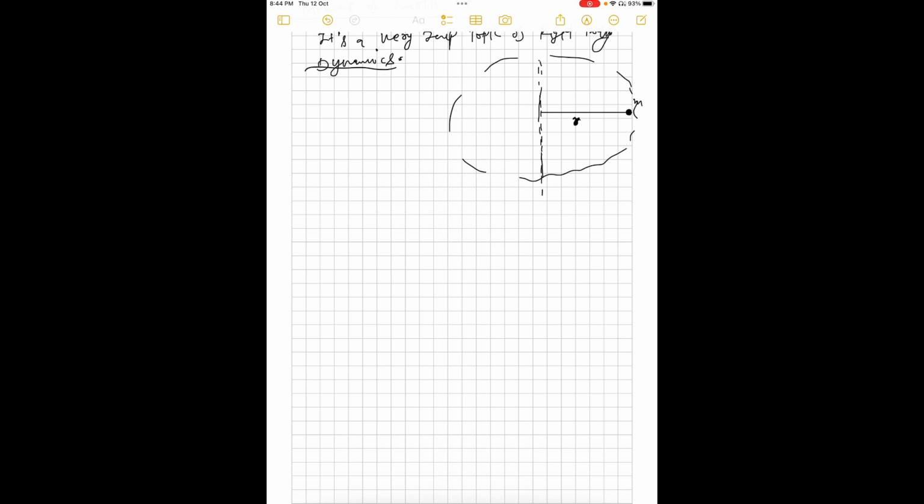But you see here, if our mass is over here and I am applying a force to this mass, it will be easy for me to rotate it compared to over here.